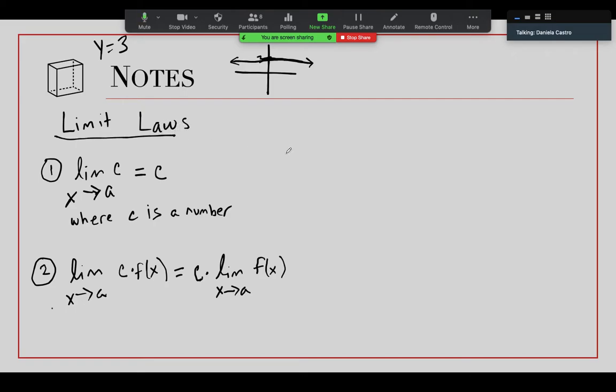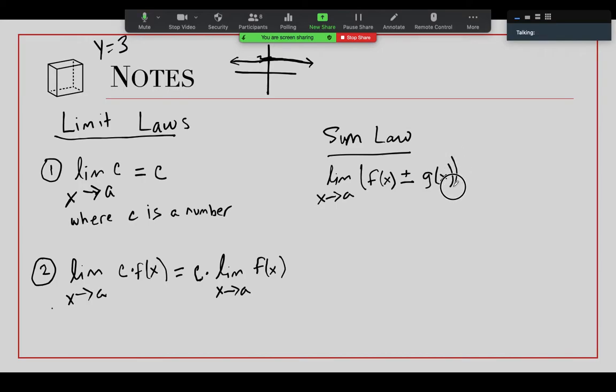Okay, the next one I want to talk about, I have 3 more for you all, is the sum law. The sum law says, if I have the limit as x approaches a of f of x plus or minus g of x, then I can just use the distributive property.